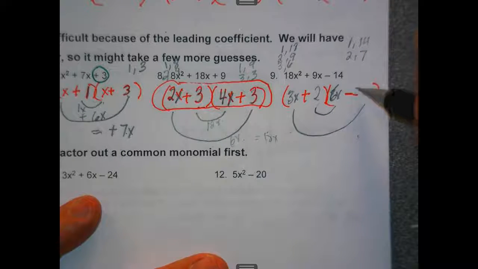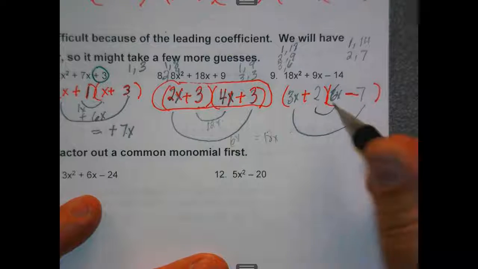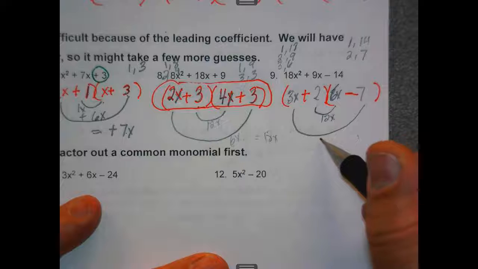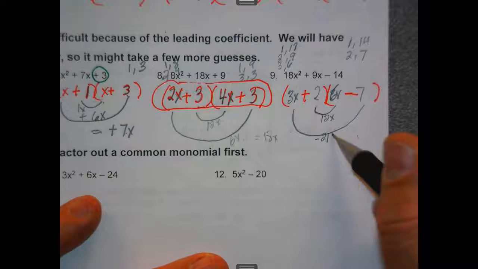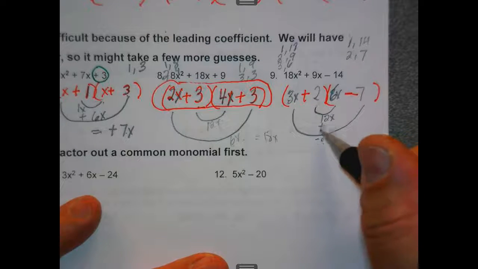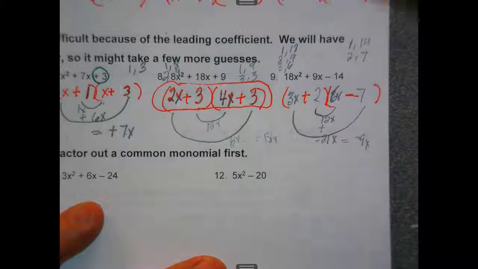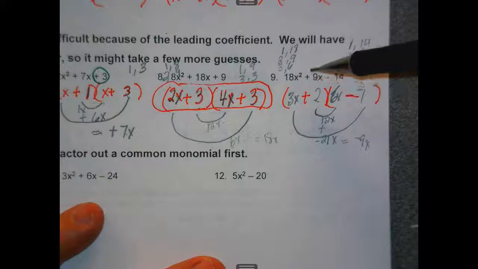Two and 7. Okay, so I got 12x here, and I get negative 21x here. When I add these together, I get negative 9x, which is really close because I want positive 9x.